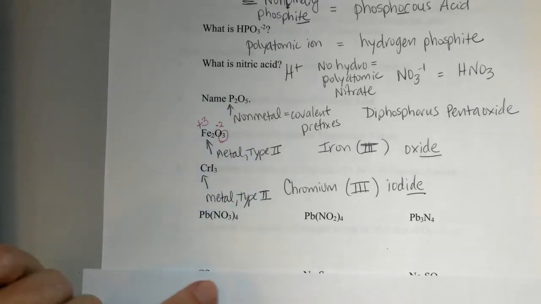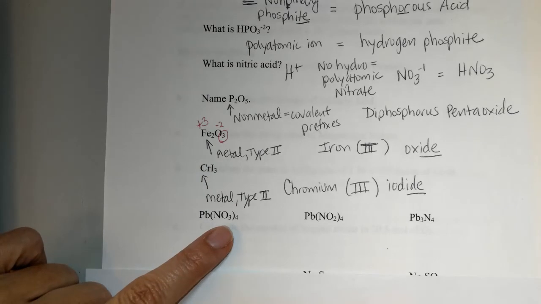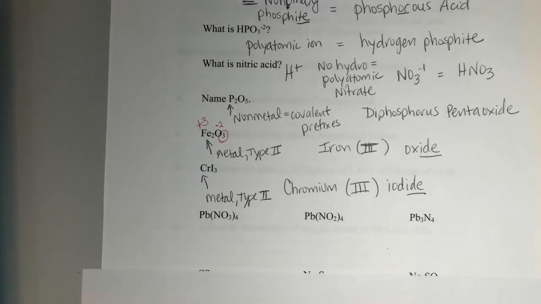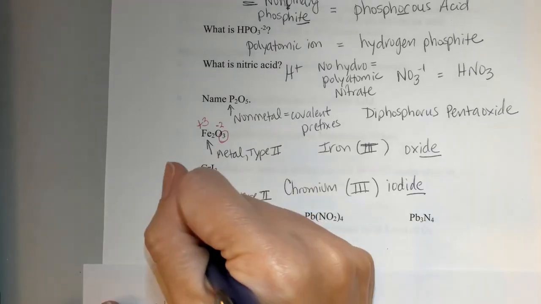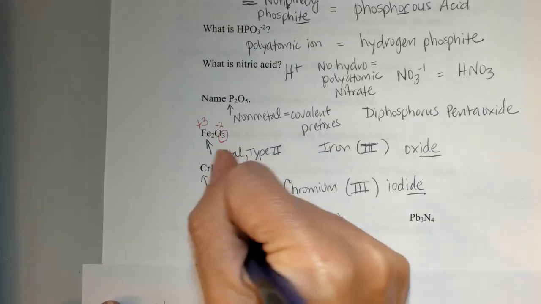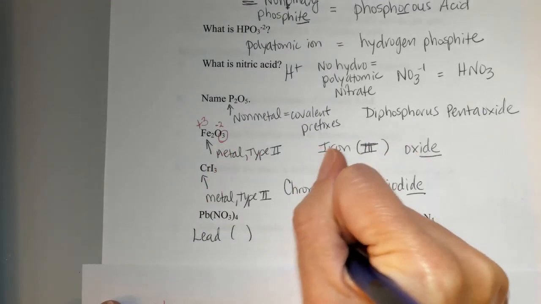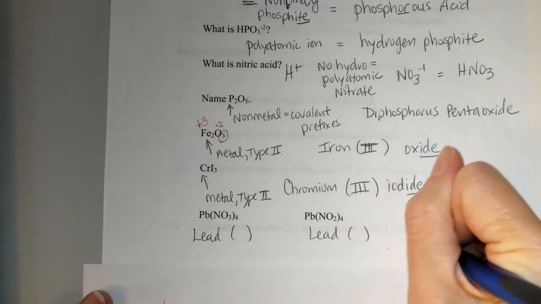All right, there are 3 examples that go together in the next section. I've got Pb(NO3)4, Pb(NO2)4, and Pb3N4. Here's what makes these different: it's going to be the last 3 letters. All of these contain Pb, which is lead. It's a type 2 cation, so we're going to need a Roman numeral for each of these.